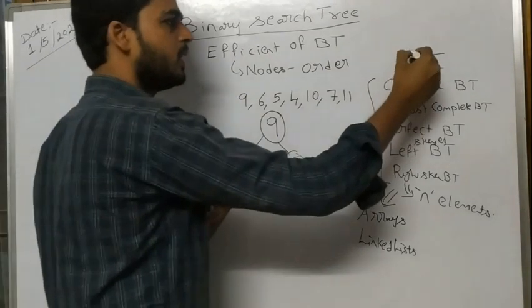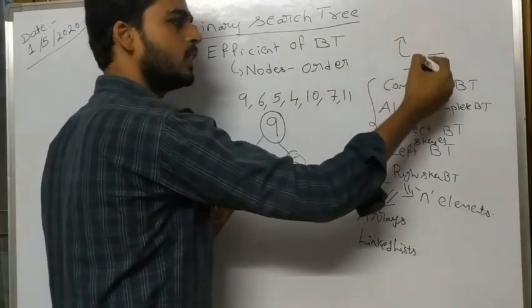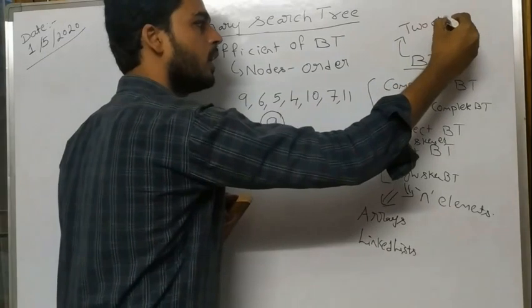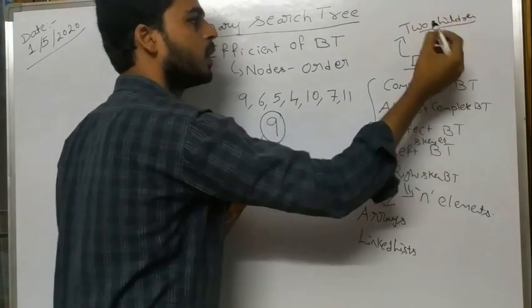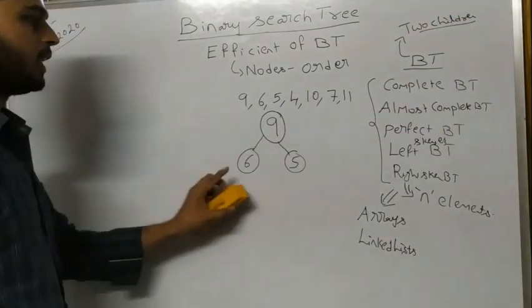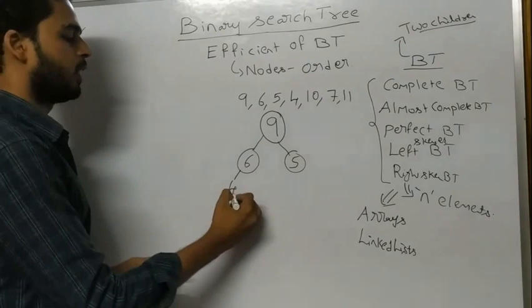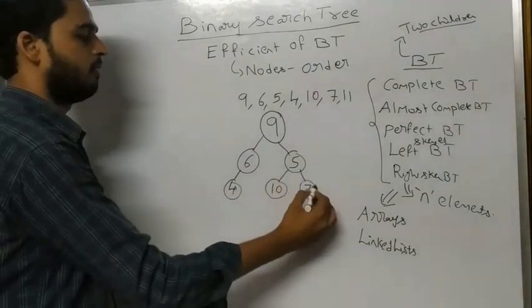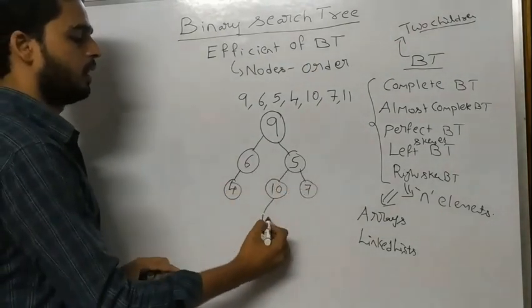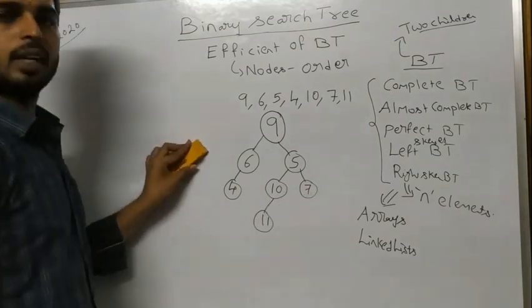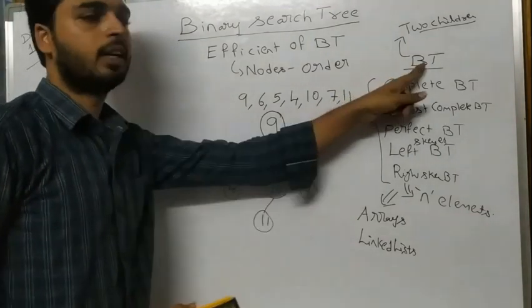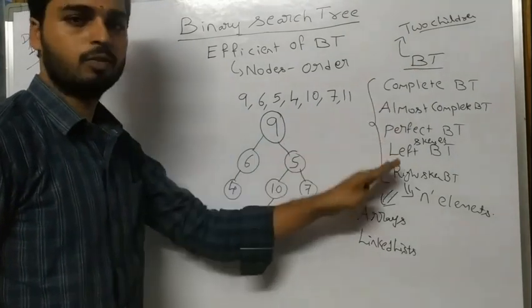The meaning of binary tree is that a node can have a maximum of 2 children at a particular time. I am just defining 4, 10, 7, 11. This is also a binary tree. So you can get many versions of the binary tree.